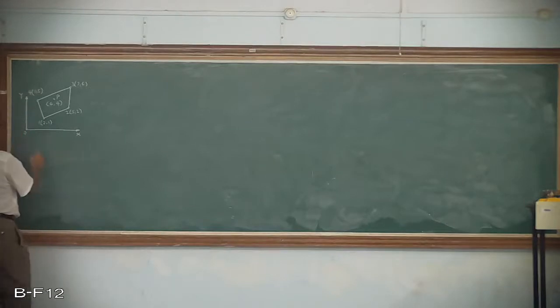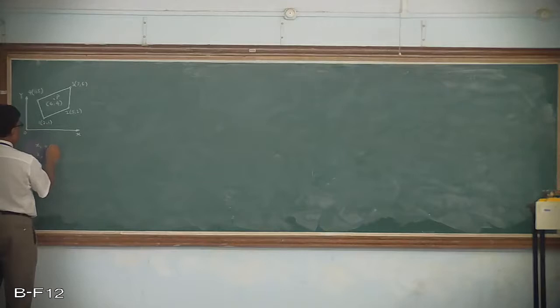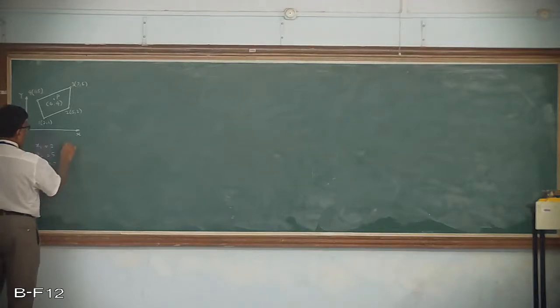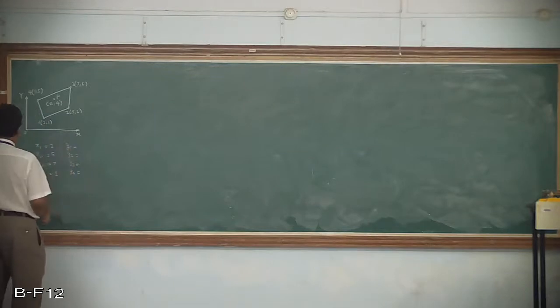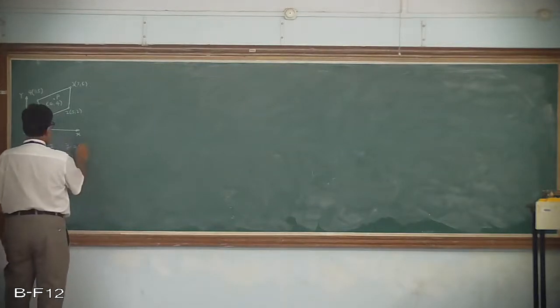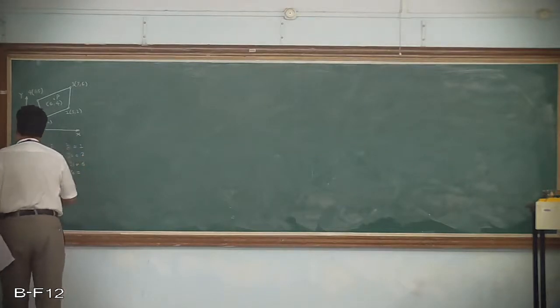So let us quickly note down the existing coordinates x1, x2, x3 and x4. If you look at this, this is 2, this is 5, this is 7 and this is 1. For y1, y2, y3 and y4, y1 is 1, 2, 6 and 5.